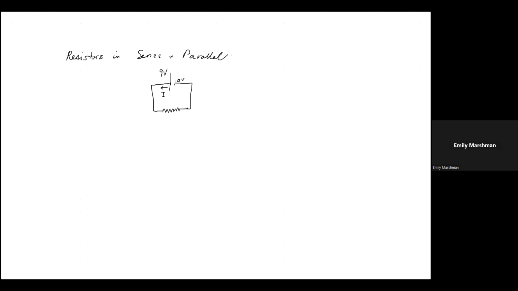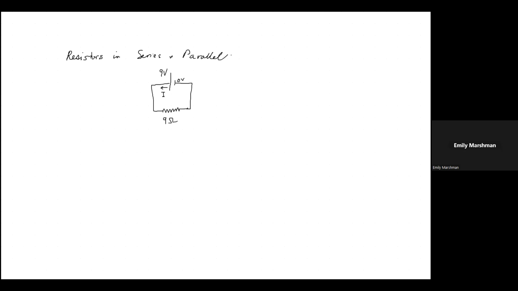And let's just say that this resistor has 9 ohms of resistance. And resistance is measured in ohms, and the symbol for ohms is this funny looking Greek symbol. So if you remember Ohm's law, it tells us the relationship between the voltage, the current, and the resistance in my circuit.